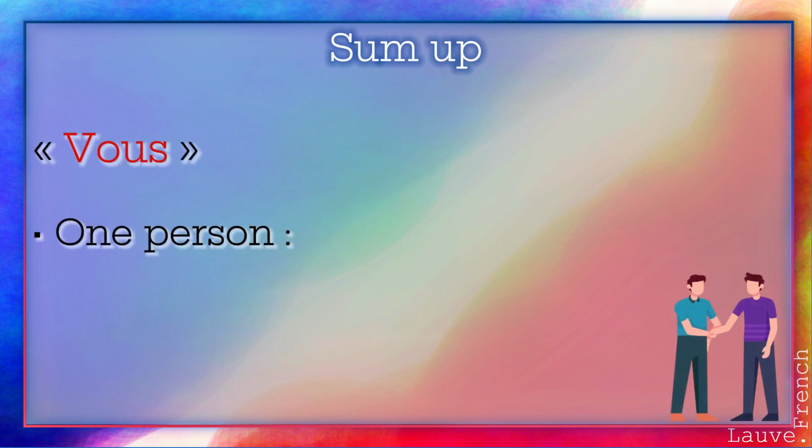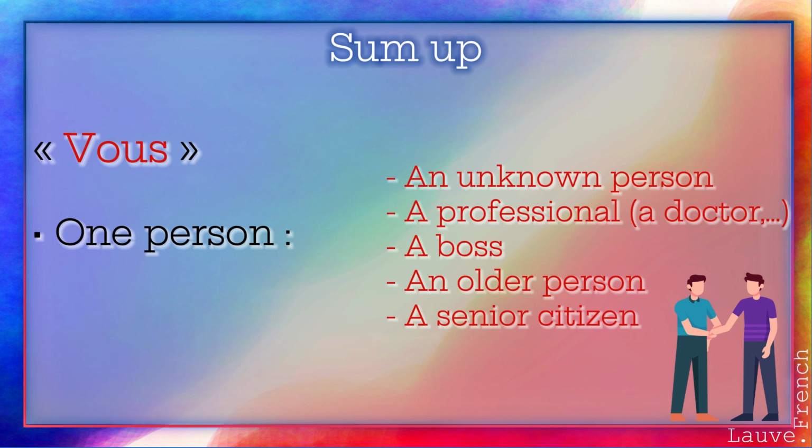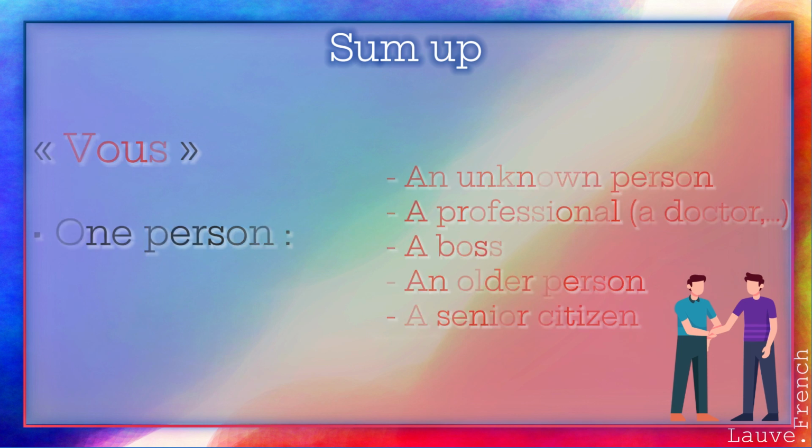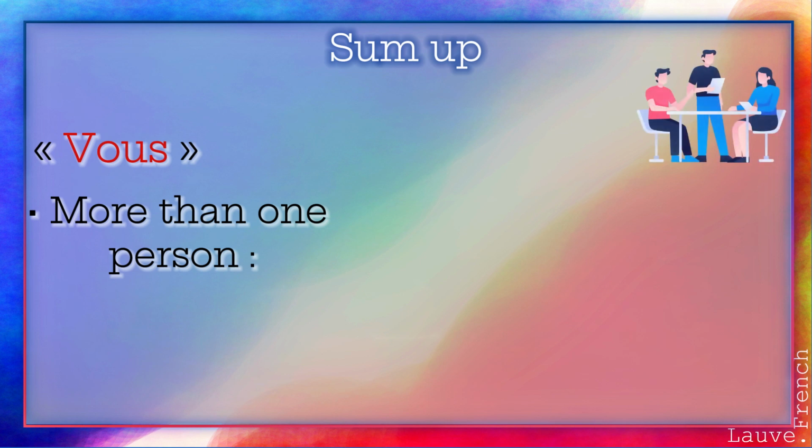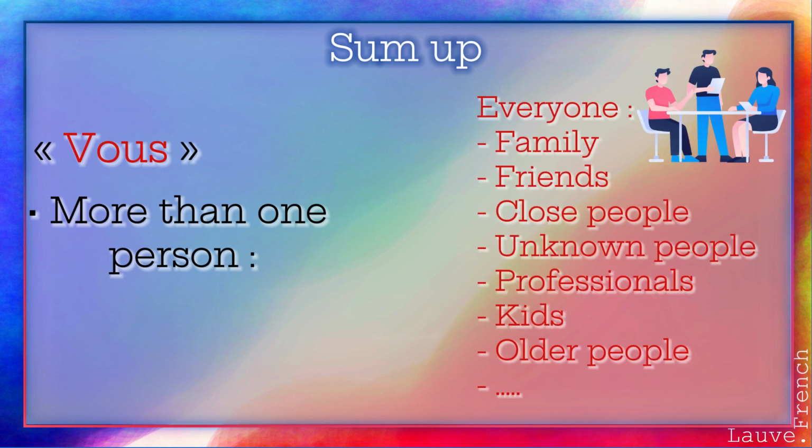You will use it for an unknown person, a professional, a doctor, etc., a boss, an older person, and a senior citizen. If you talk to more than one person, then it's for everyone. You have to use vous for family, for friends, for close people, unknowns, professionals, kids, older people, etc.